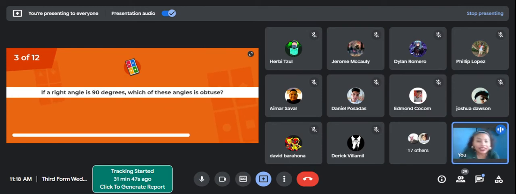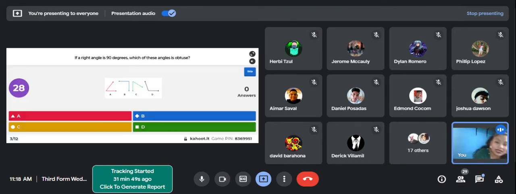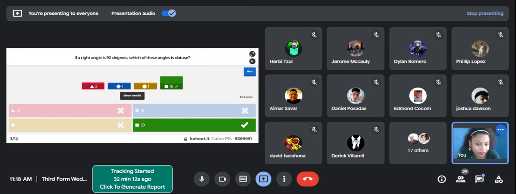If a right angle is 90 degrees, which of these angles is obtuse? Which of these is more than 90 degrees? Okay, good.